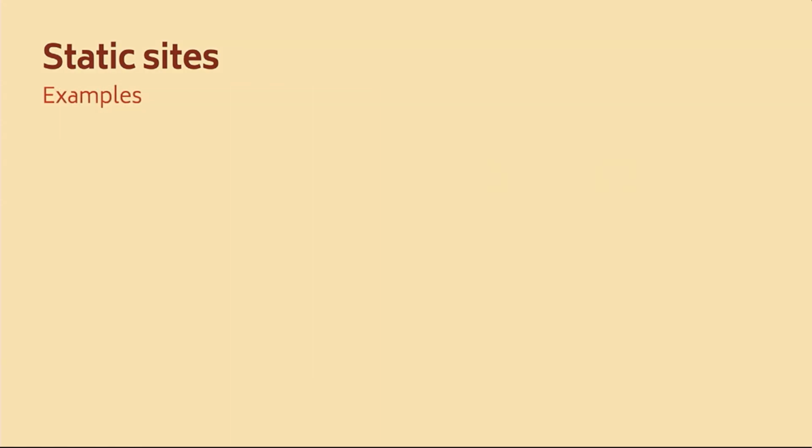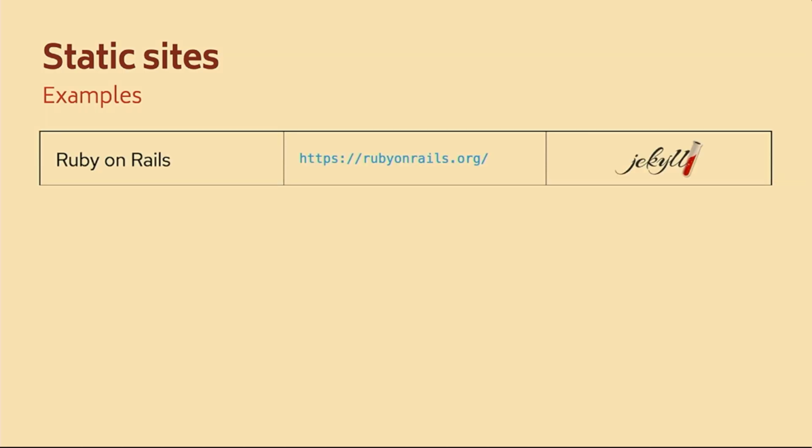I also want to share some static sites that are out in the wild to give you a good idea of when this is the right approach for the job. RubyOnRails.org is probably the biggest one in the Ruby ecosystem that I could think of. That includes the Rails World website as well. That's all built on Jekyll.